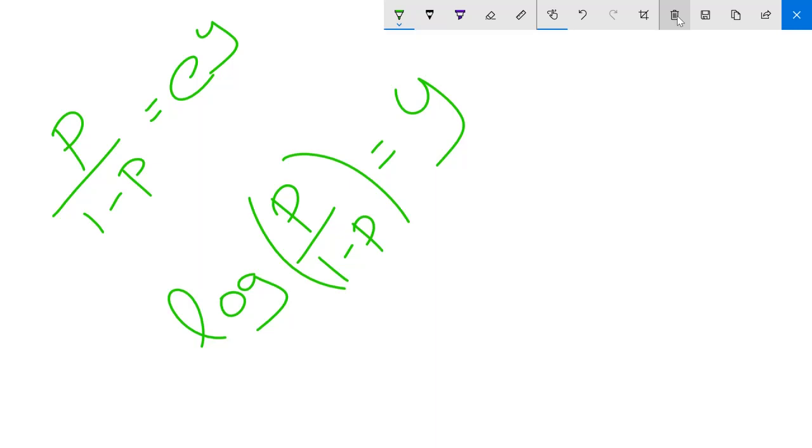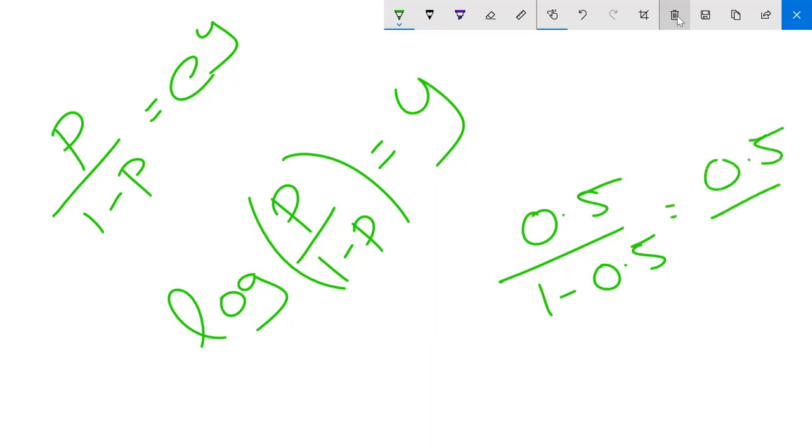From this they are doing the classification. How? Suppose p equals 0.5. Then 0.5 divided by 1 minus 0.5 is 0.5 divided by 0.5, so log of 1 will be 0.